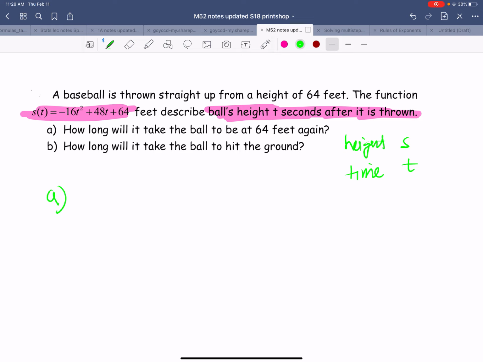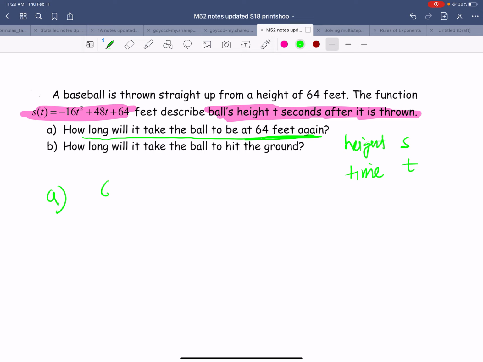Okay, so there's two parts here. The ball is thrown up from a height of 64 feet. The function is given here, and we're wondering how long it would take the ball to be at the height of 64 feet again. So we're trying to figure out the time when the height is 64 feet again.